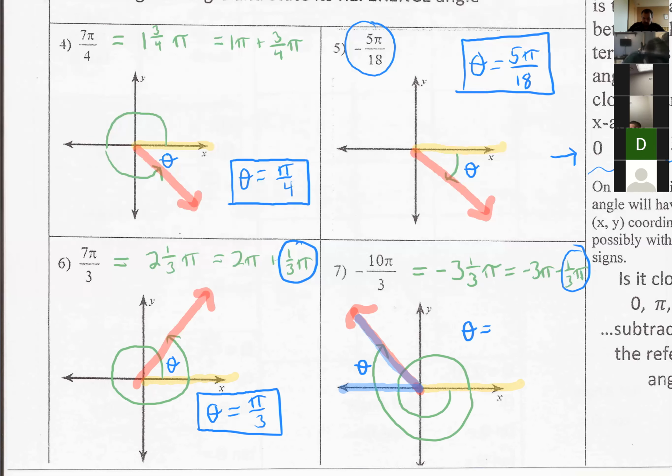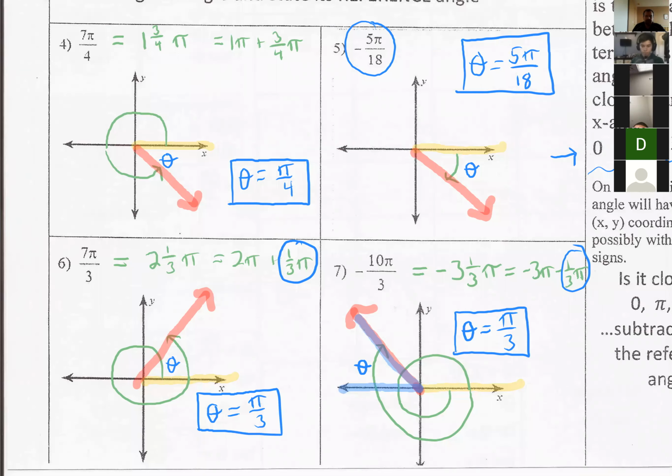So I'm going to write that as pi over 3 here. So in this case, remember, it's always between 0 and pi over 2. It's like an acute angle between 0 and 90 degrees. So here we have pi over 3, using the negative x-axis and the terminal side.